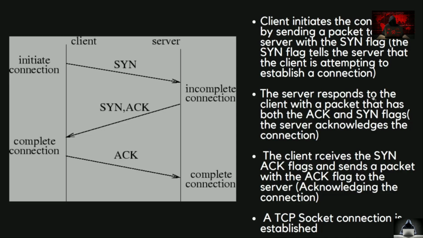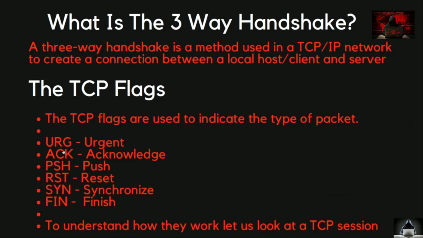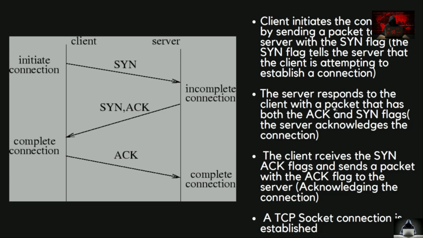The server will then respond to the client with a packet that has both the acknowledge and the synchronize flags. ACK is short for acknowledge. So the server sends this packet with the two flags, synchronize and acknowledge, and what this means is that the server is acknowledging the connection.